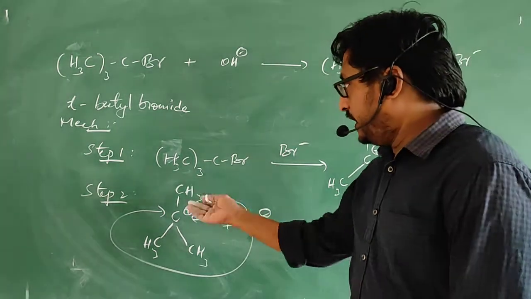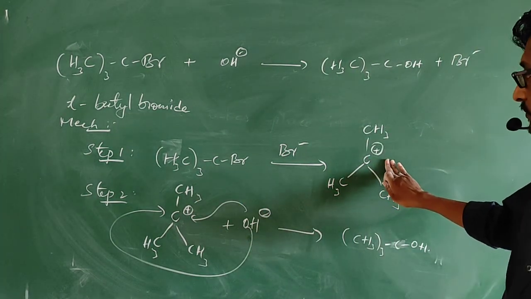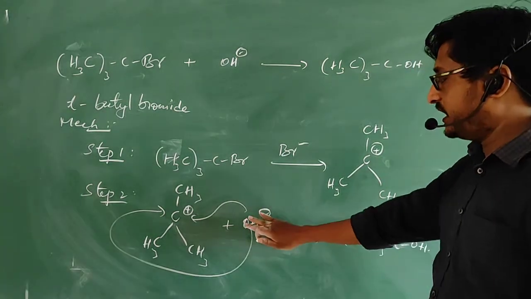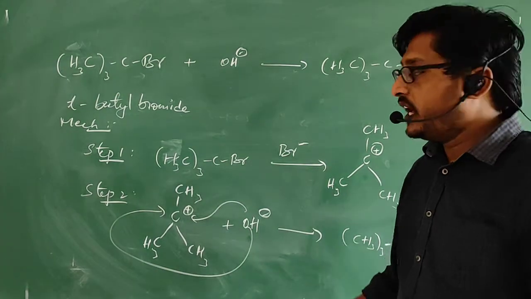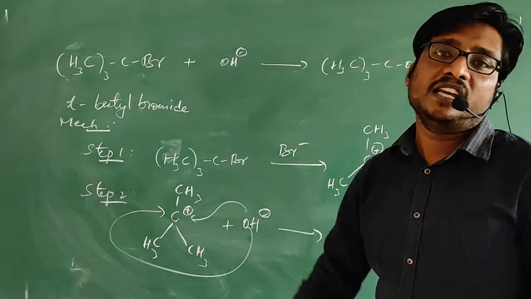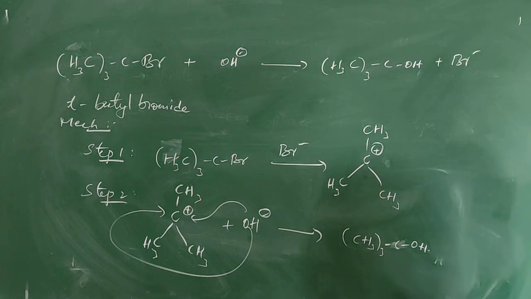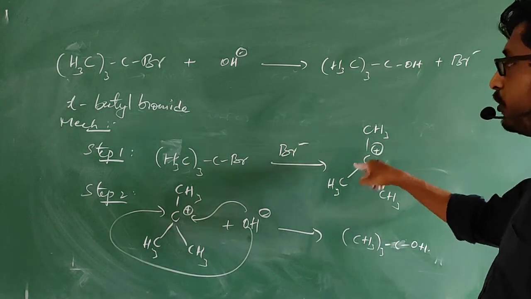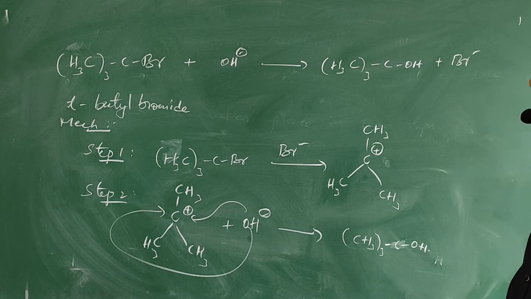In case of SN1, after forming the carbocation, the hydroxy group, nothing but the nucleophile, can attack this carbocation either from the front side or from the back side, leading to the formation of the product. So formation of this carbocation is the rate determining step. So this is about the SN1 reaction.